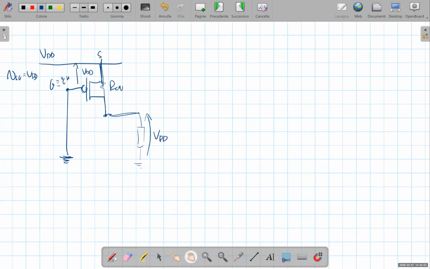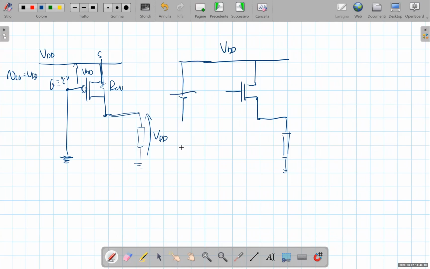On the other hand, if we try to use an NMOS device in the pull-up network, that's supposed to work this way. So this is VDD. Never forget that this symbol means that here we have a battery, and here we have our NMOS device with source, drain, and gate.